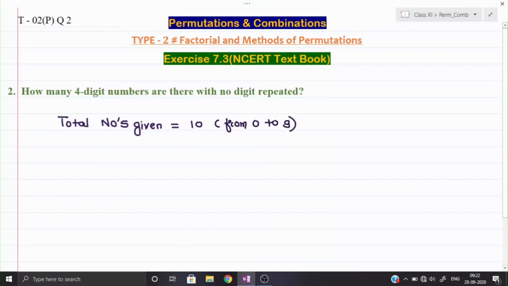I have written that in brackets for you, you are not required to. Then we will say how many digits we have to form here: 4-digit.